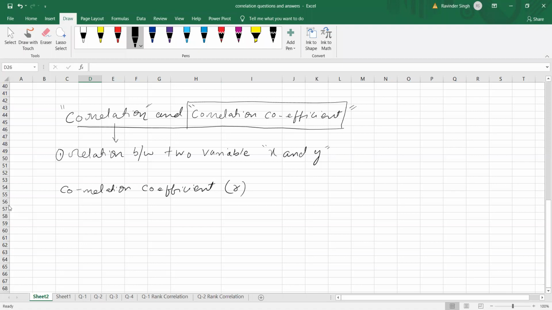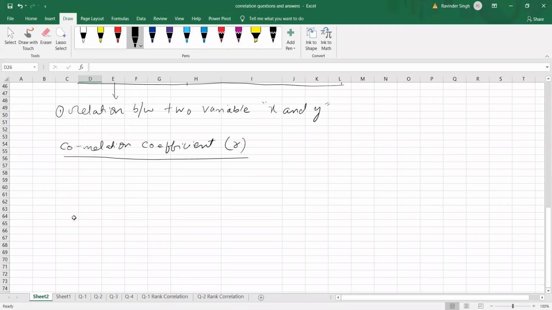This gives the actual measure of how much x and y are related to each other, that is the r value.